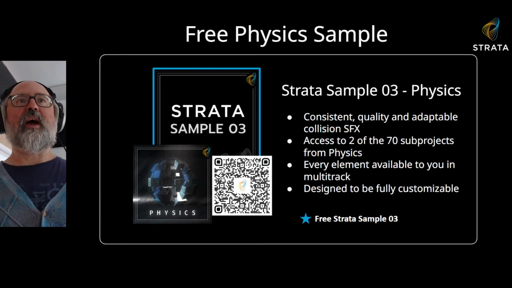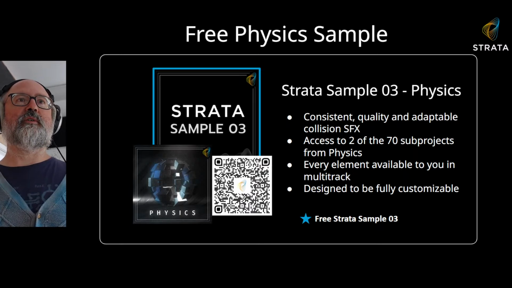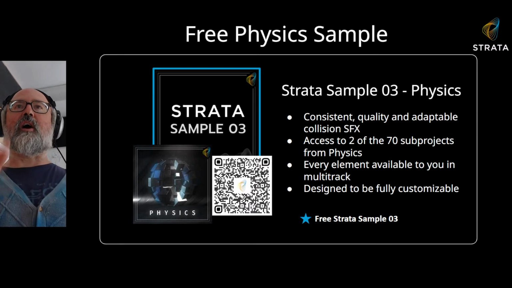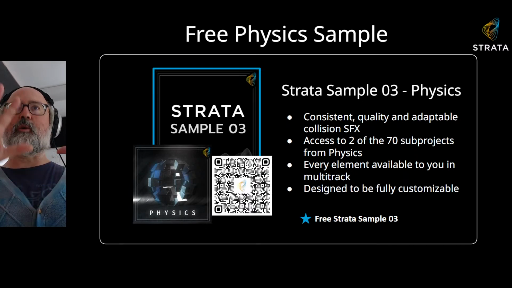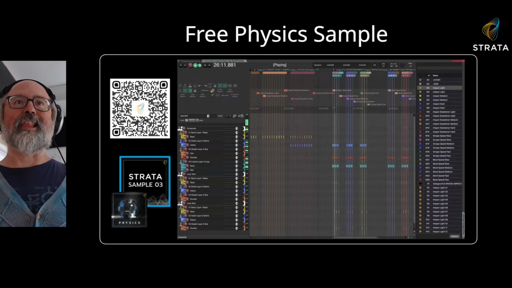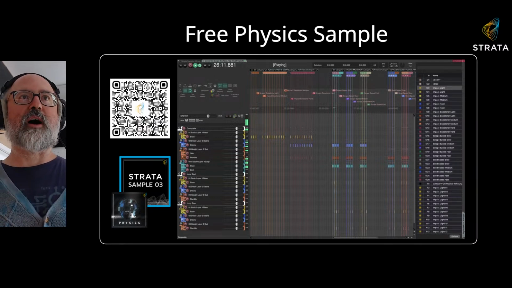Again, we're giving you access to 2 of the 70 sub-projects from the physics collection. We're giving you elements that are already mixed and ready, along with those multi-tracks that put all of the layers for these physics sounds into your Reaper project.